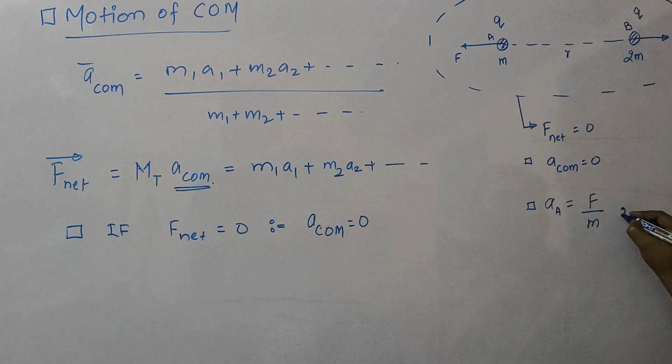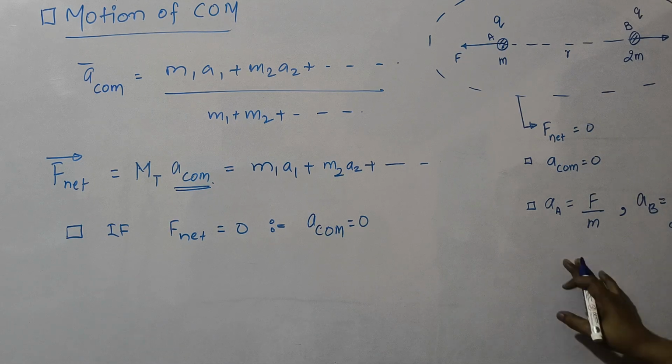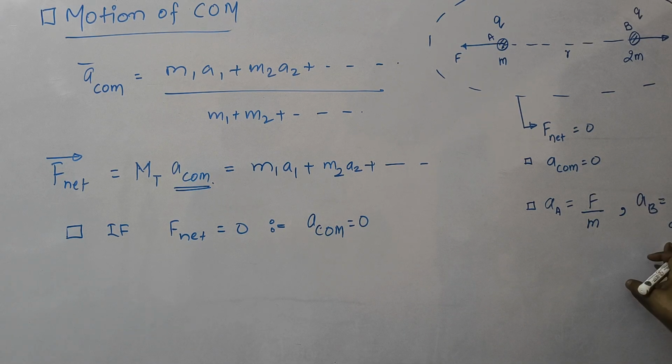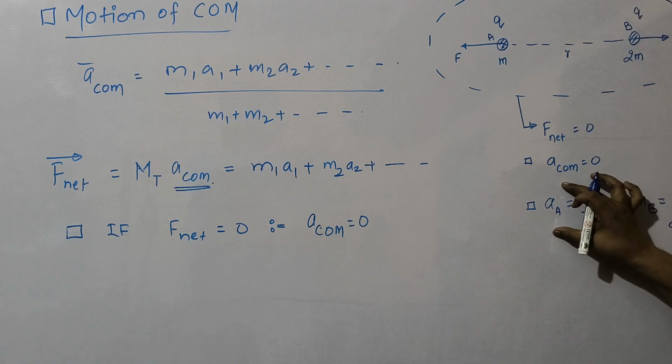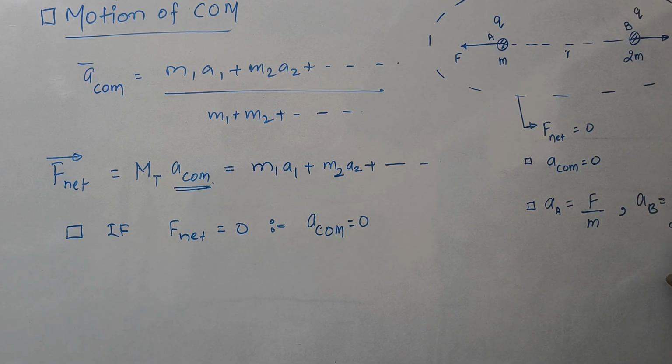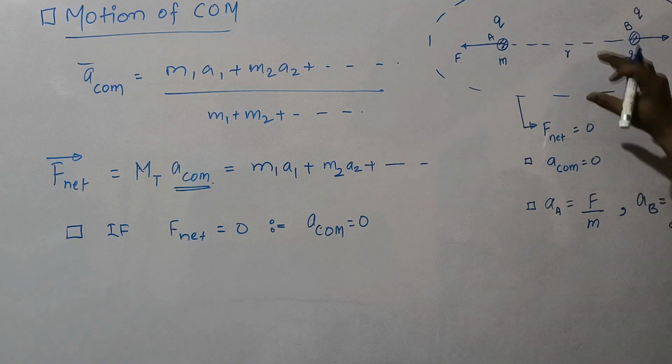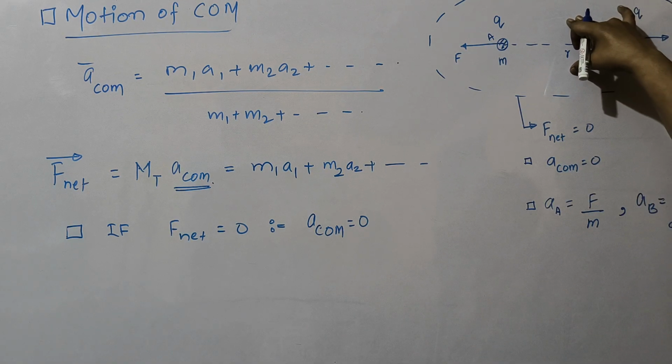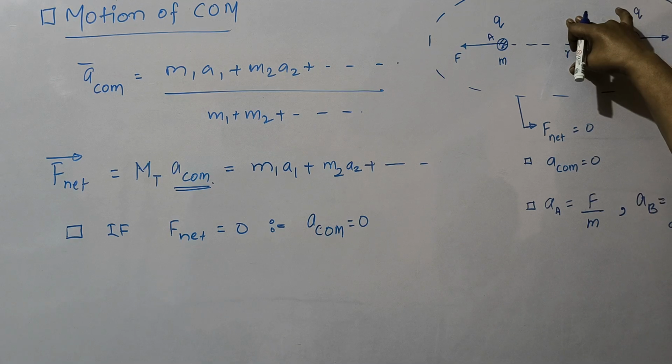Similarly, I want to write the acceleration of the charge at B. Acceleration of charge at B can be written as force upon mass, that is F upon 2m. Now these are not equal accelerations. Actually acceleration at A is twice the acceleration at B. So if these charges are released at t equal to 0, what will happen?